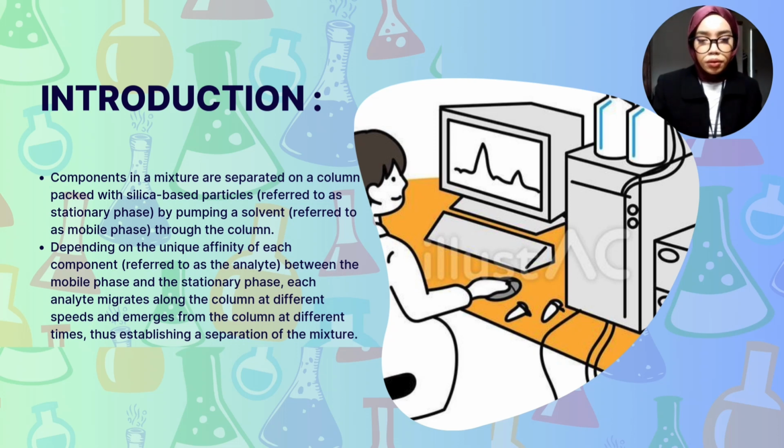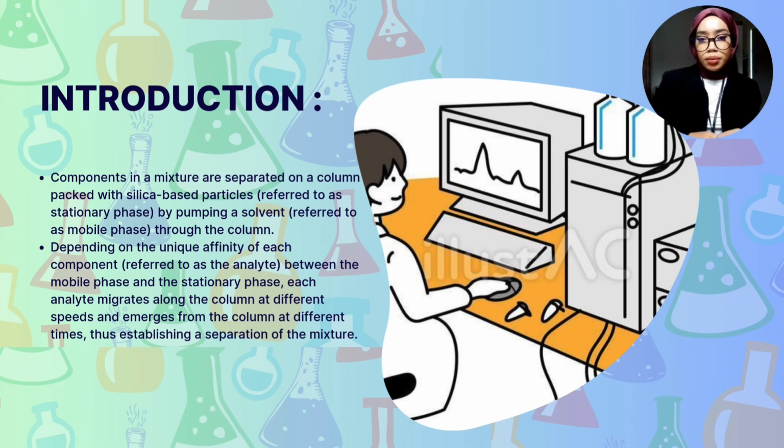HPLC is high performance liquid chromatography, a widely used analytical technique for separating components in a mixture. In this method, the components are separated on a column packed with silica-based particles known as the stationary phase. A solvent, called the mobile phase, is pumped through the column.